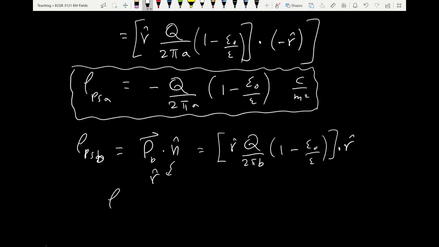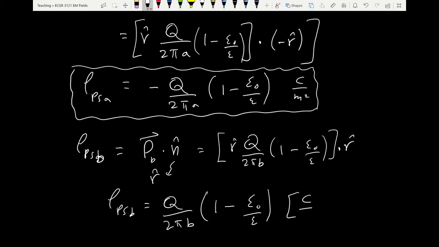So the surface charge density due to polarization at the surface of the dielectric touching the outer conductor is rho_PSB equals Q over 2 pi b, times 1 minus epsilon naught over epsilon, coulomb per meter squared.